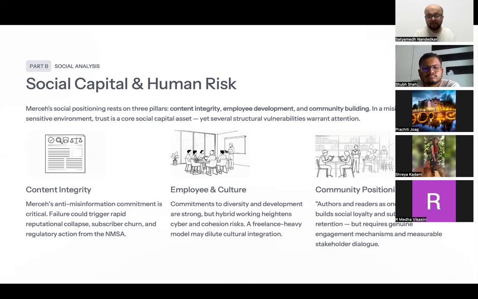Company says that it has commitment to diversity and basically having an inclusive workforce, but there is hybrid working, and it might create problems when it comes to coordination. A freelance heavy model may dilute cultural integration and community positioning. Authors and readers as one community builds social loyalty and subscriber retention, but requires genuine engagement mechanisms and measurable stakeholder dialogues.